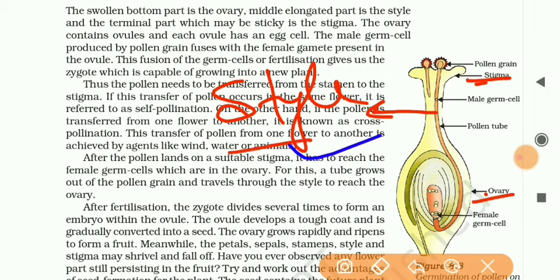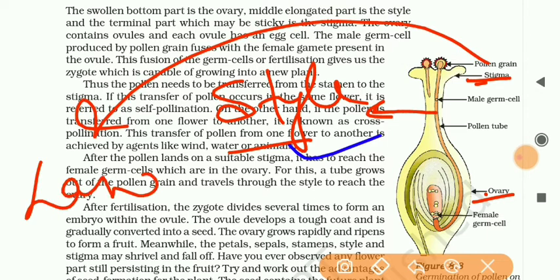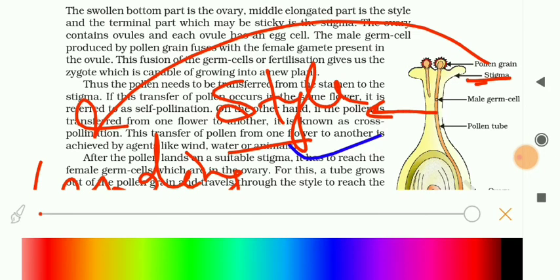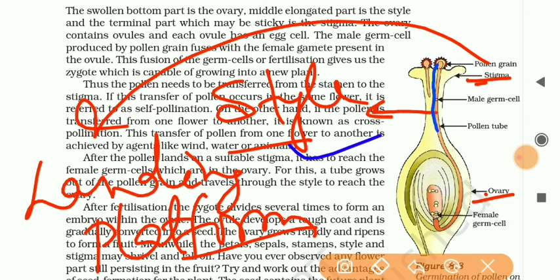I want to tell you the stigma acts as a landing platform. What is the sense of landing platform? Landing platform means it is the place where the pollen grains reach, and after that they take this path with the help of the style and reach the ovary.